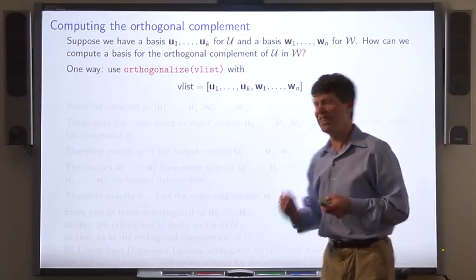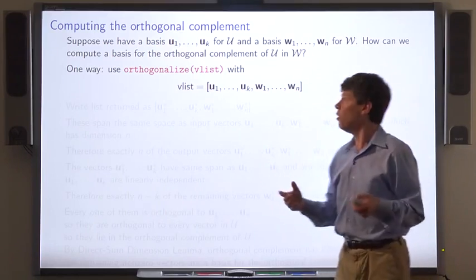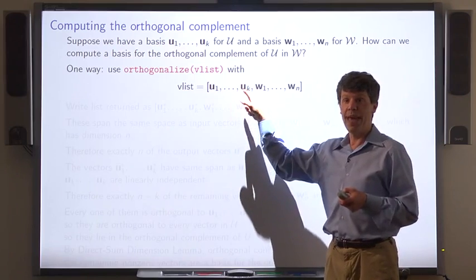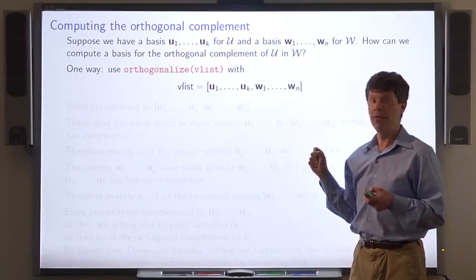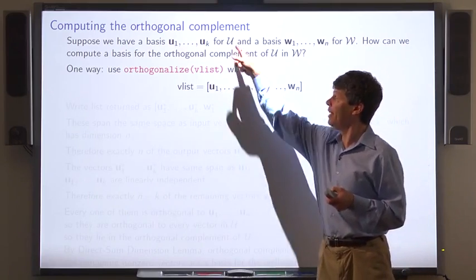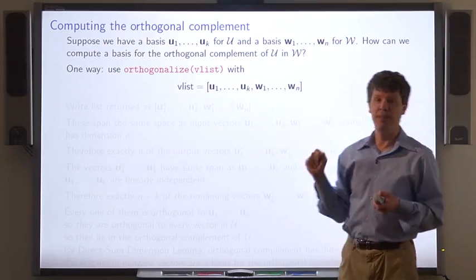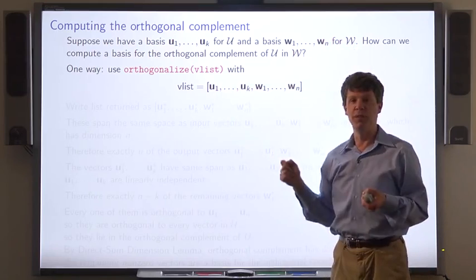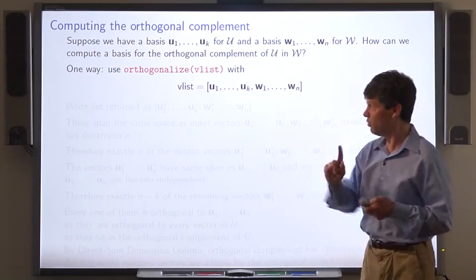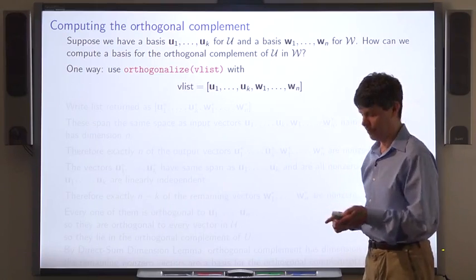This seems like a strange thing to do because, after all, the vectors u1 through uk are already spanned by the vectors w1 through wn. The vectors u1 through uk lie in big U, which is a subspace of big W. So it's counterintuitive to include them in this list. But you'll see why we need them.